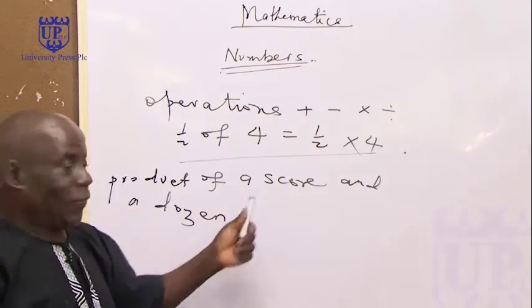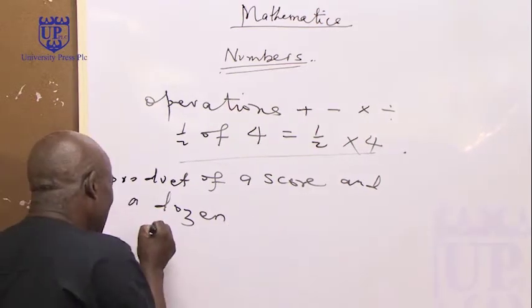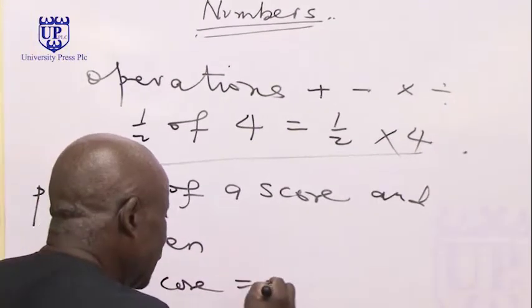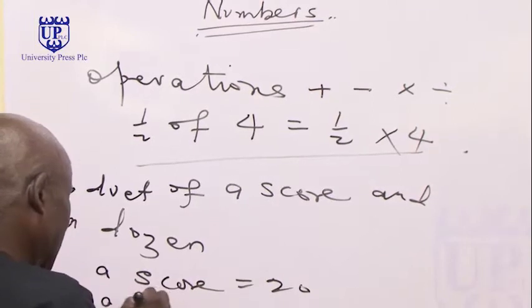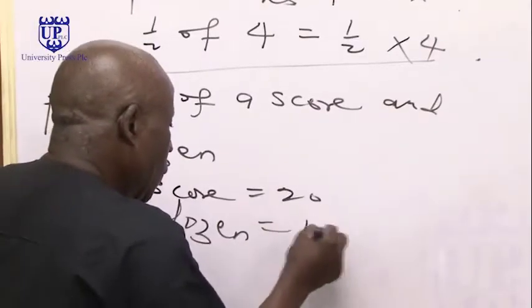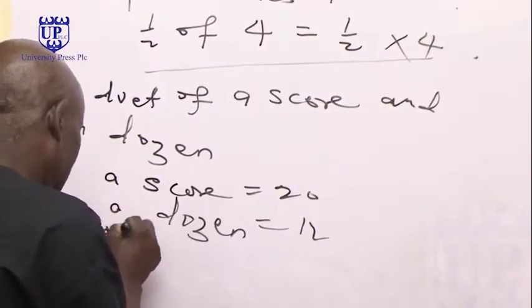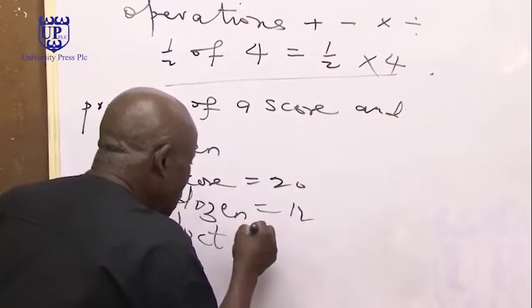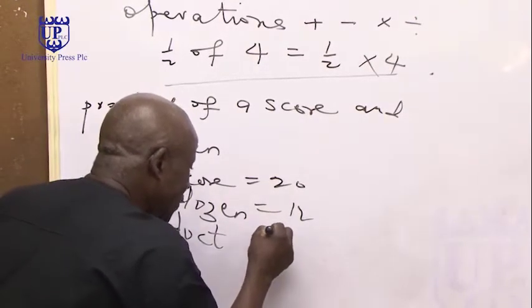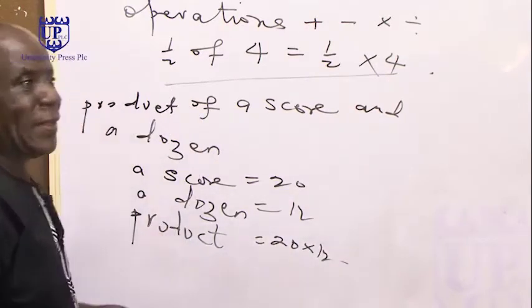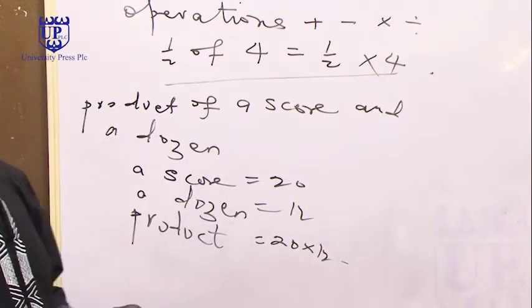A score is 20, a dozen is 12. Product means multiplication. That is 20 by 12.